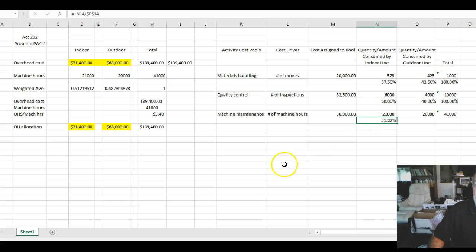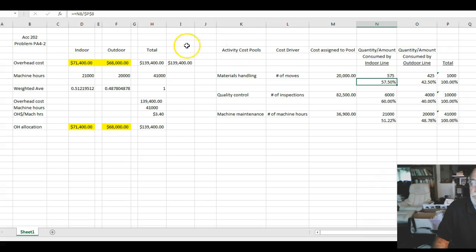So when we copy this over to the next cell in the next column, as you can see, the denominator is a constant. It's still P14. And again, we want to make sure that the total is 100%.